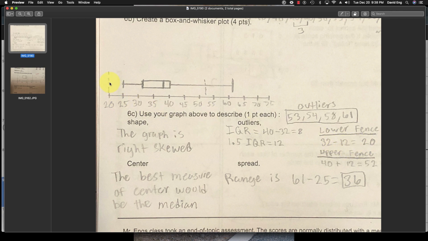So any numbers beyond 20 would have been an outlier, and any numbers past 52 would be an outlier.